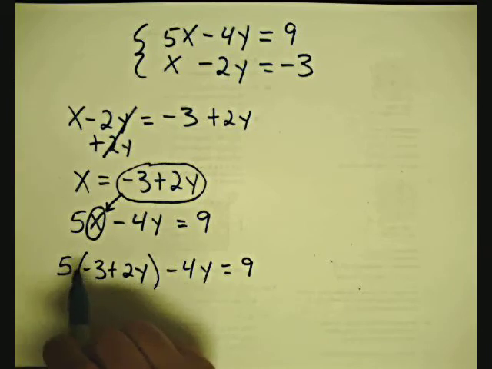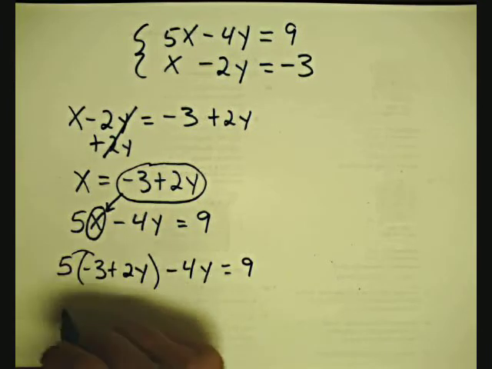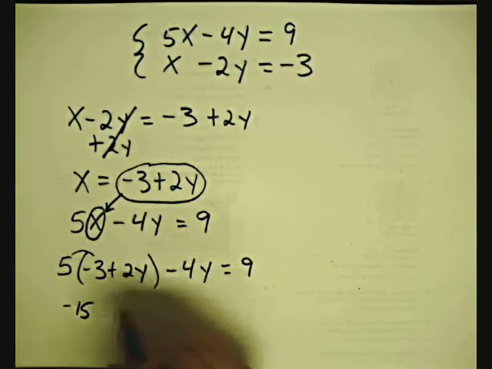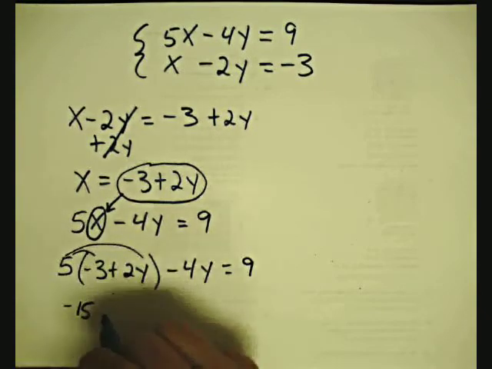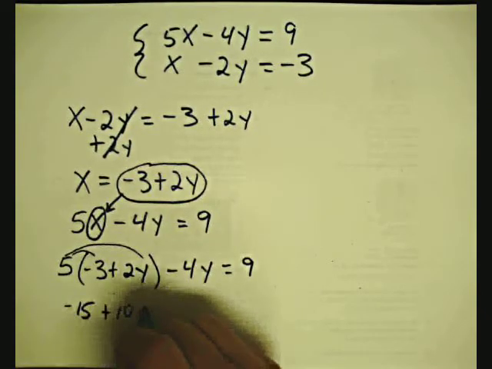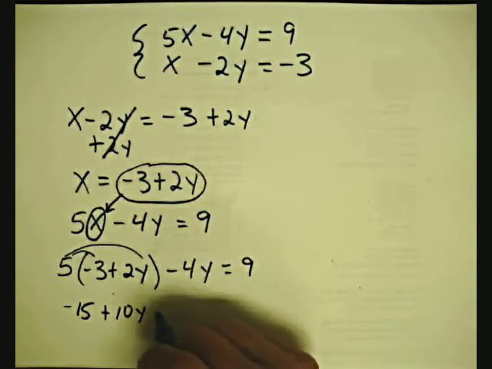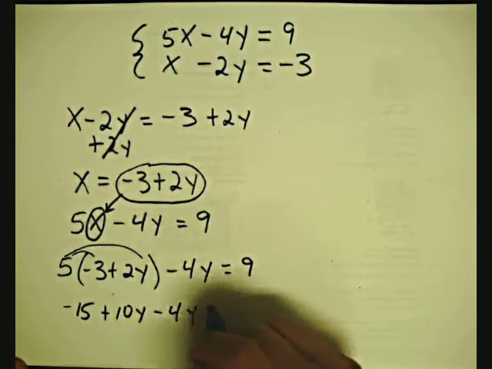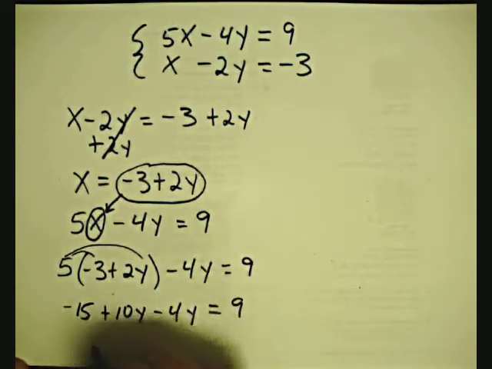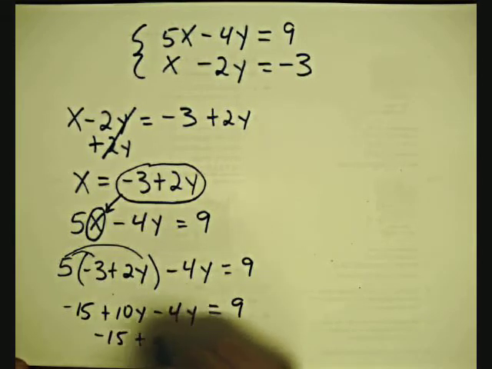Step 3 is to solve this equation. So use the distributive property. 5 times -3 is -15. 5 times 2y is 10y. Minus 4y equals 9. 10y minus 4y is 6y.